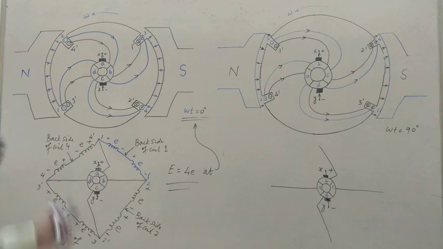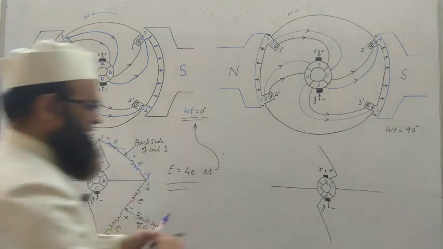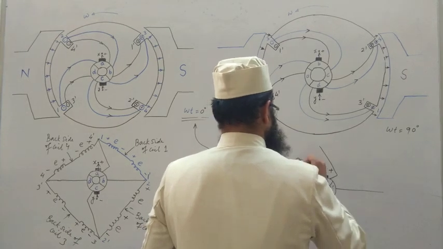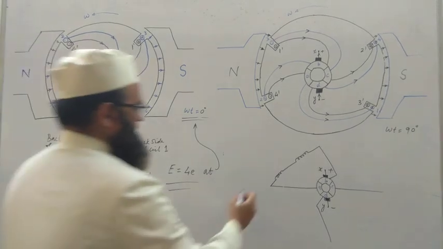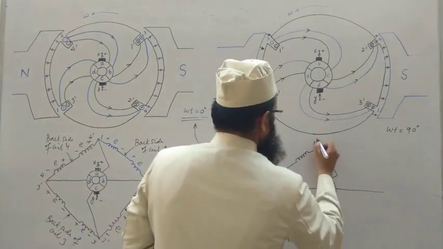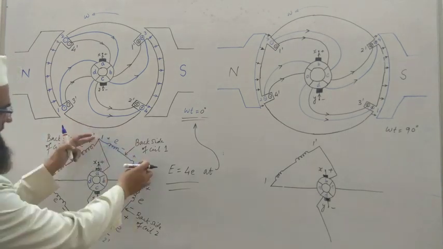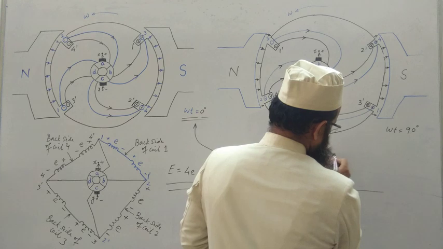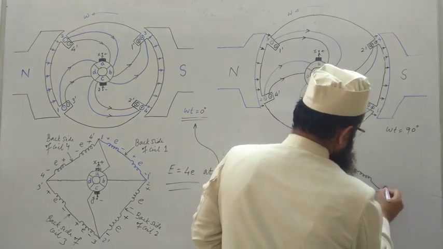Make the connections. So this position has rotated by 90 degrees. So you may make it like this. And this is 1 dash, so mark here 1 dash. This position will come here, so 2 dash, here 2. And this is 2 dash.